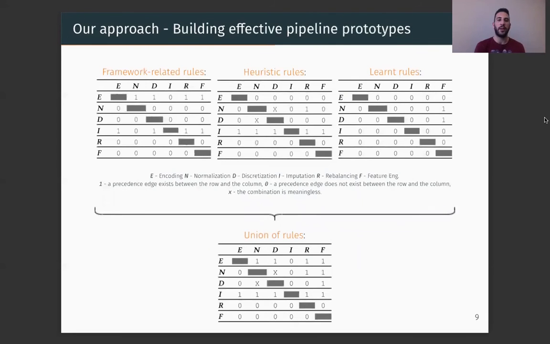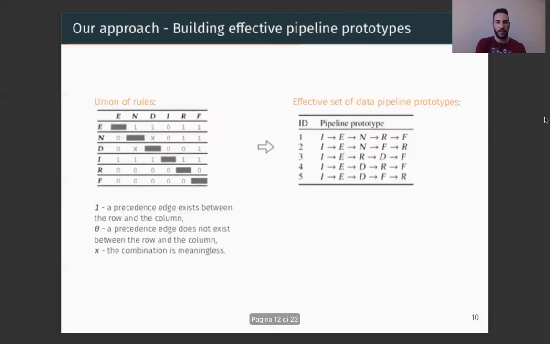Once we had all the rules, we took the union of the rules, or if you want to see these rules as precedence graphs, we took the union of the edges. And thus, we generated our set of data pipeline prototypes according to the rules as we did before.